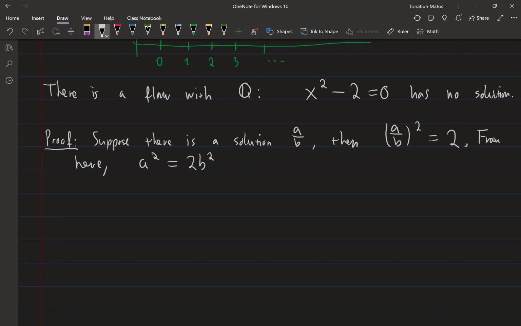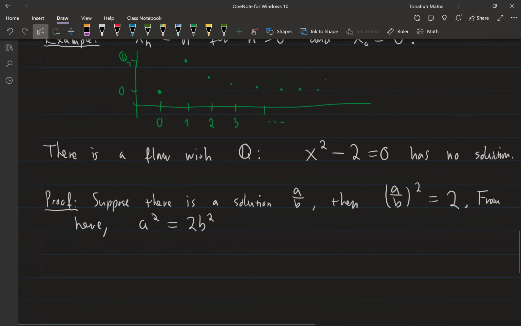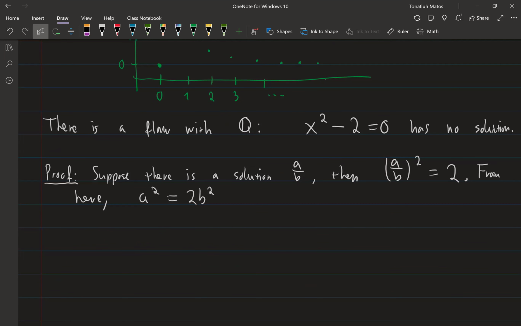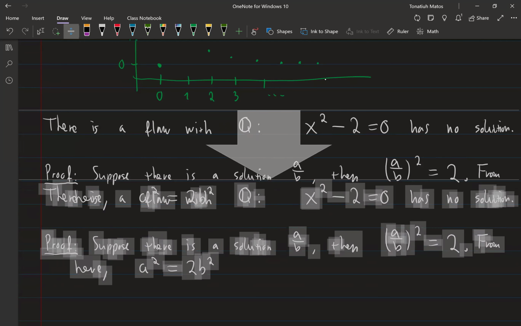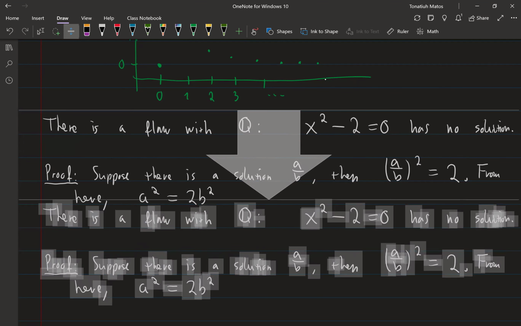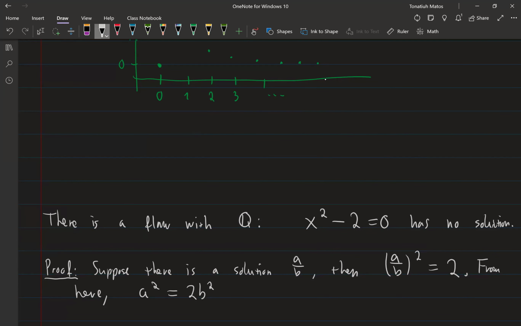Now, something that I should have mentioned, I mean, I did mention it, I just didn't write it down, is that every rational number can be written of the form, you know what? Let me just add this for the sake of completeness. So I should have written this down before, but let's say that this is like a lemma that you can obviously use.